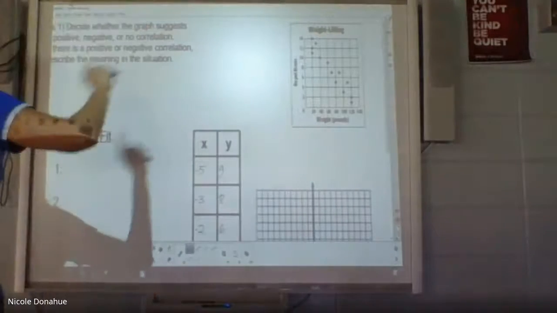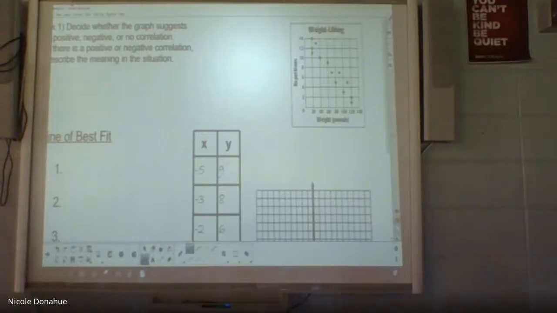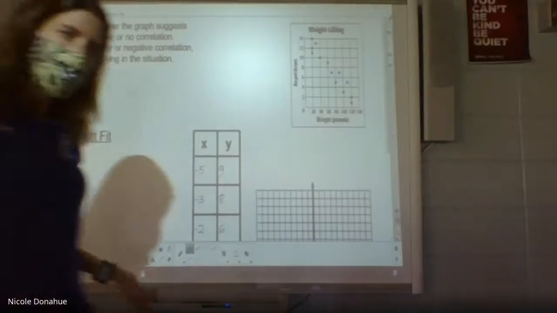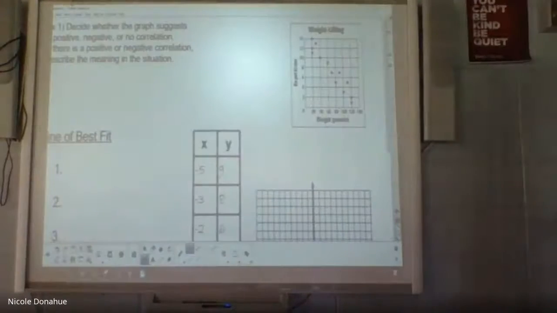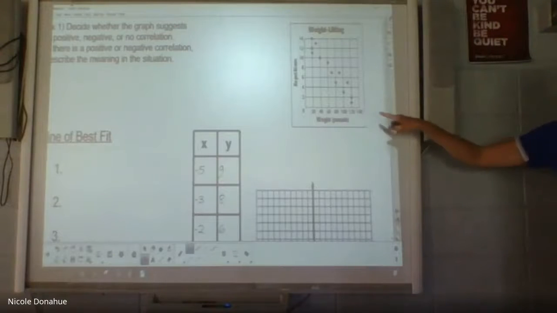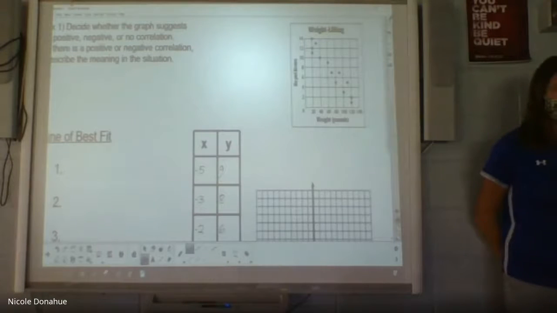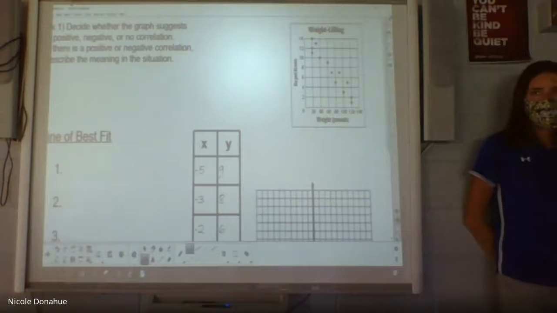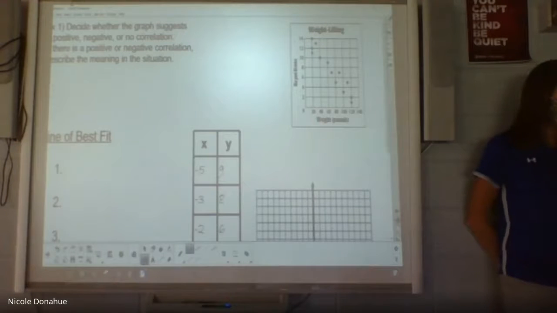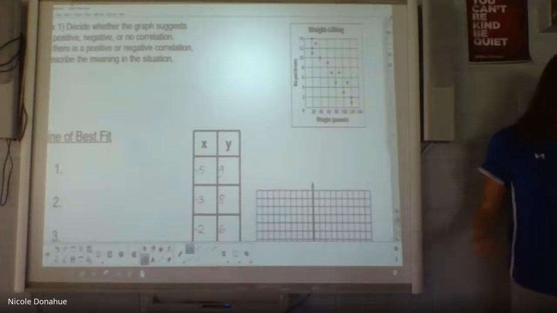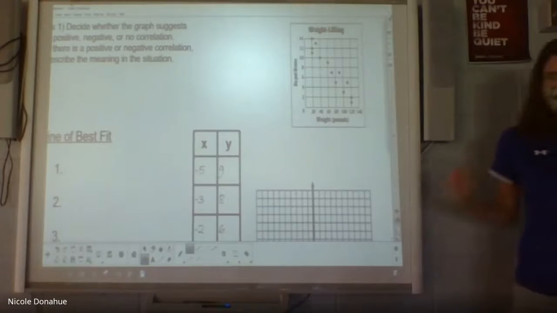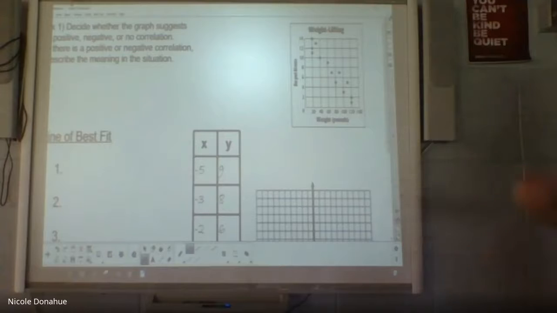So it says this graph has weightlifting. Across the bottom has weight in pounds, and up the side it's repetitions. So is this a positive, negative, or no correlation? So as the weight goes up, what happens to repetitions? Goes down. Why is that? More weight, it's harder to lift, so I can't lift it again and again and again. But if it's less weight, you might see someone say, I can do 100 reps of this.